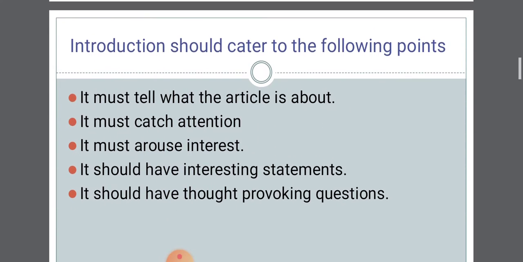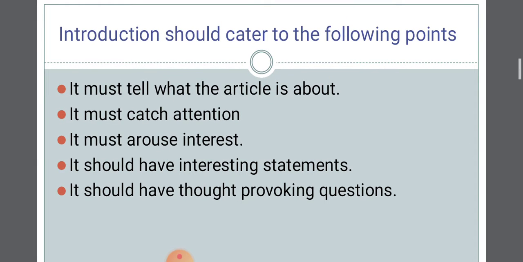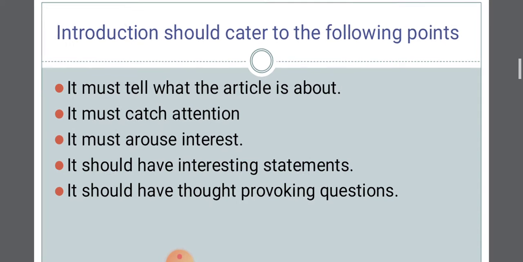Now while writing the introduction, what are the things that you must follow and keep in mind? It must tell what the article is about. Next, it must catch the attention of the reader. It must arouse interest. It should have interesting statements and thought-provoking questions.